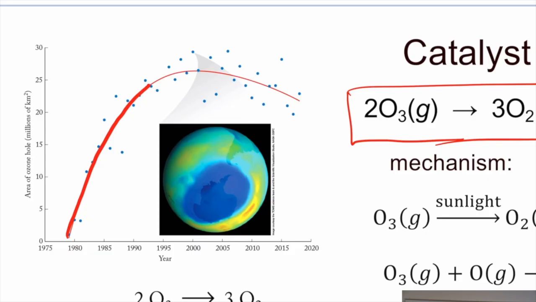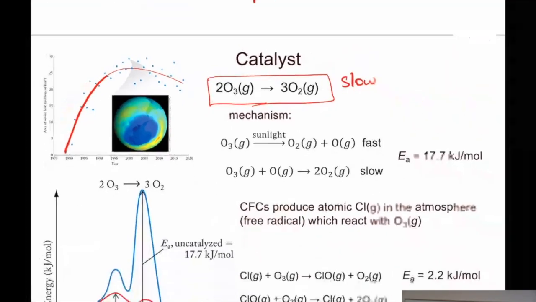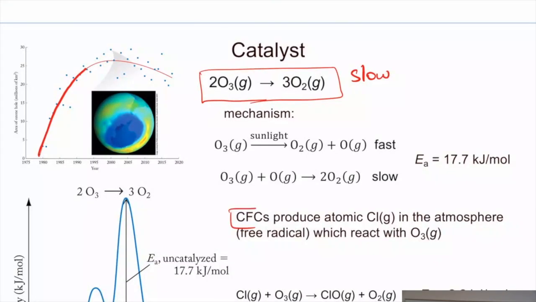Right? What was the big deal? The big deal had to do with these things, CFCs, chlorofluorocarbons. These were like propellants and aerosols and air conditioning refrigerants, and they leak out into the atmosphere.